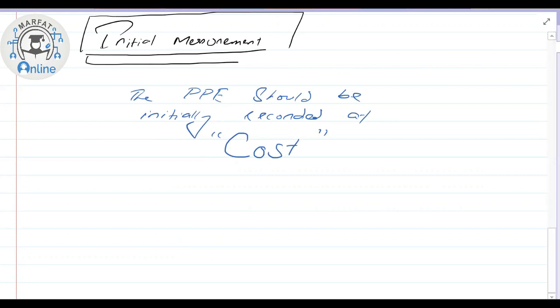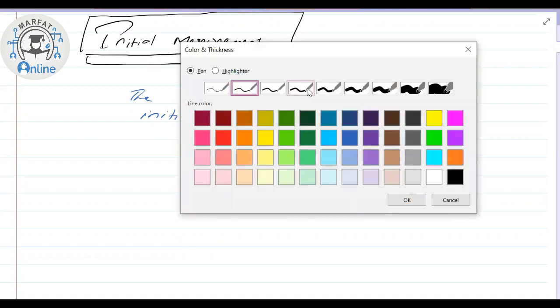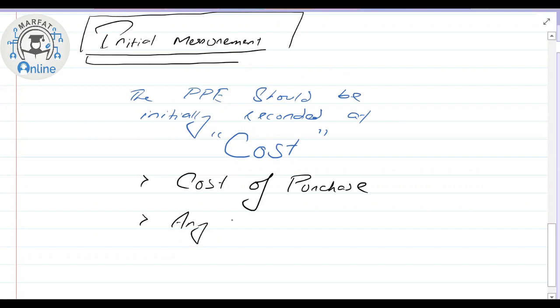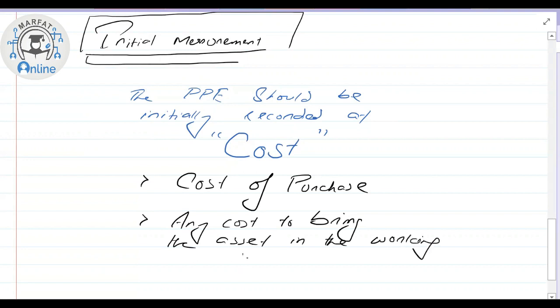Now, what is this cost? Cost means cost of purchase plus any cost to bring the asset in the working condition.